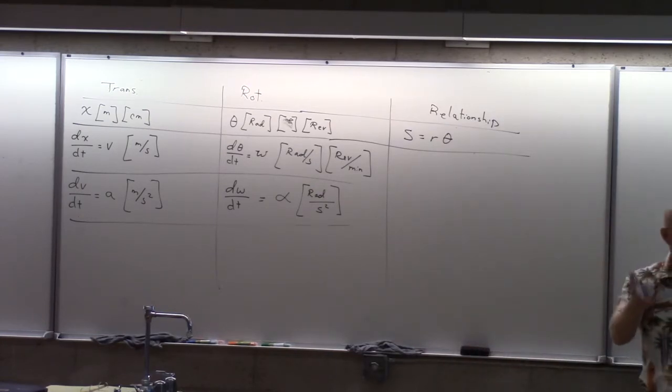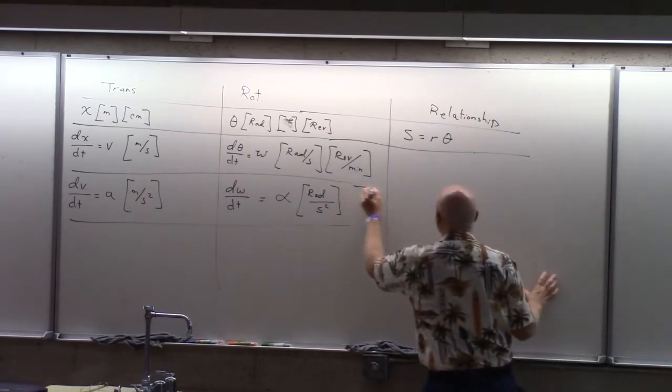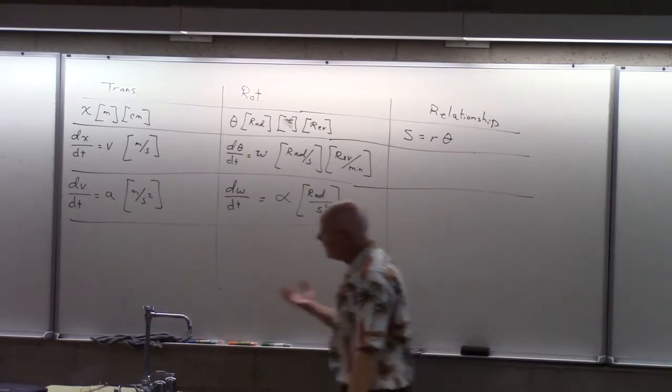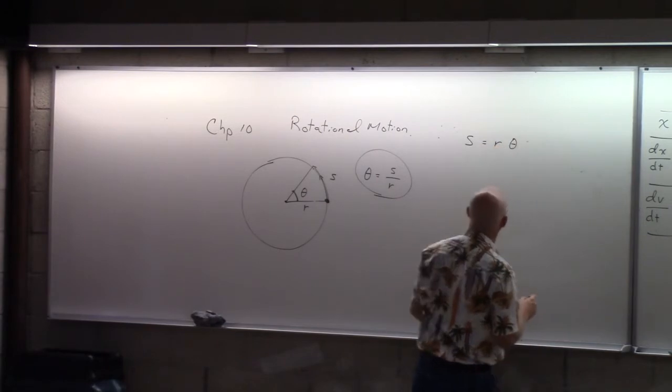And again, this is just a good springboard to get us started, because you already saw that. In fact, we took the next step, so I'll write it right here.